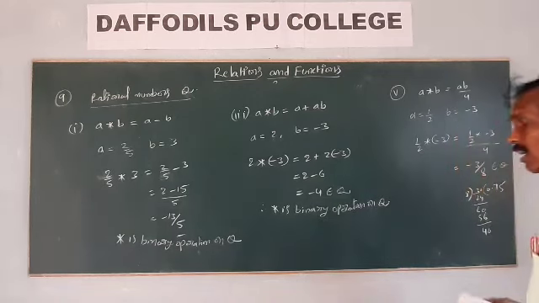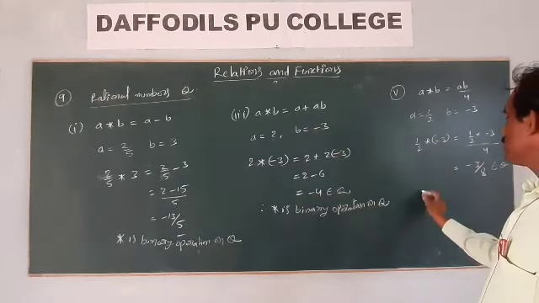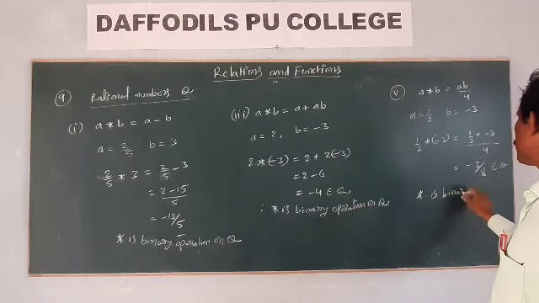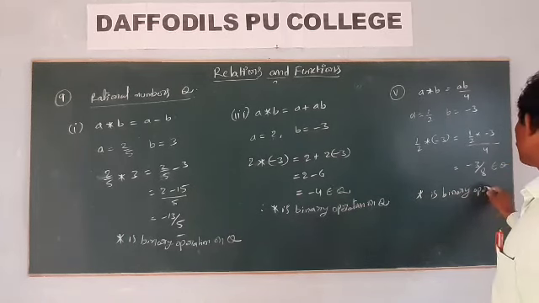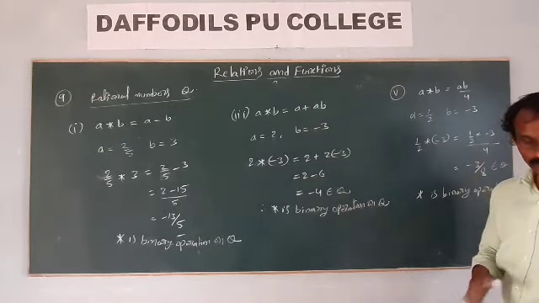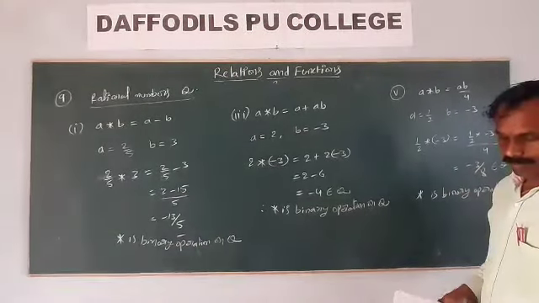So it is a rational number and belongs to Q. So like here star is a binary operation. Like this, it is the same for the remaining ones also. Now the 10th question.